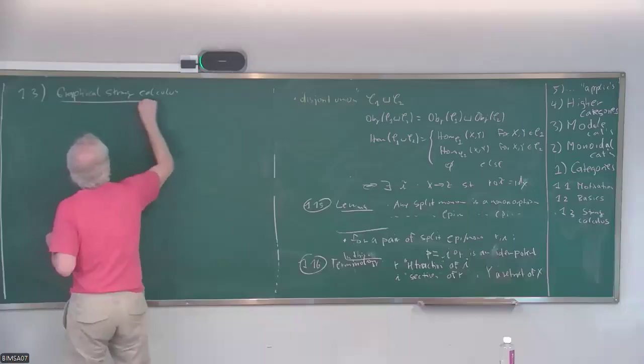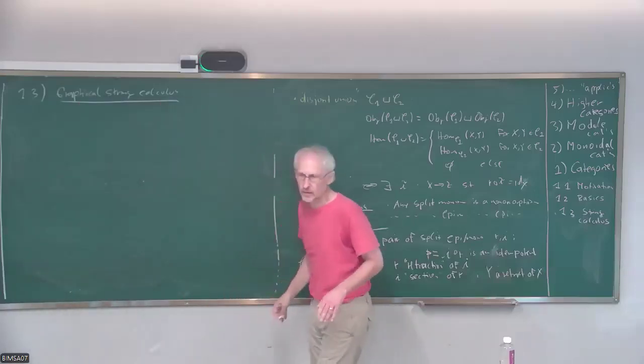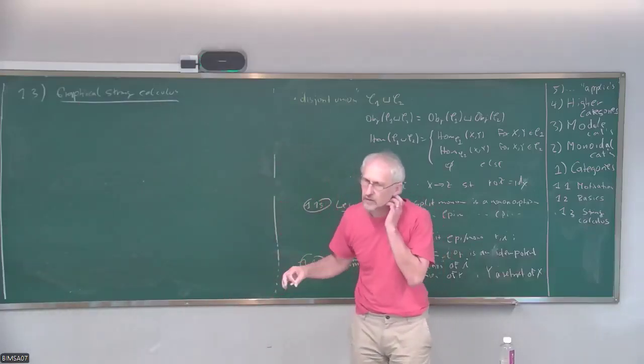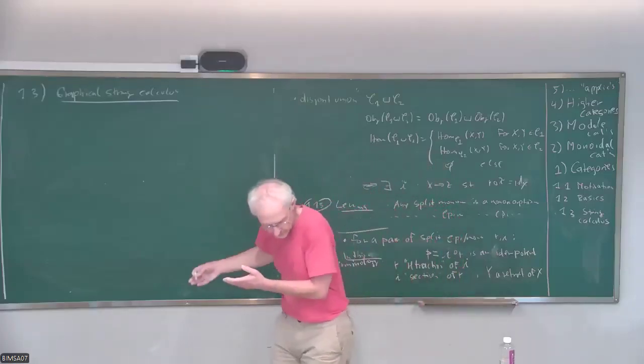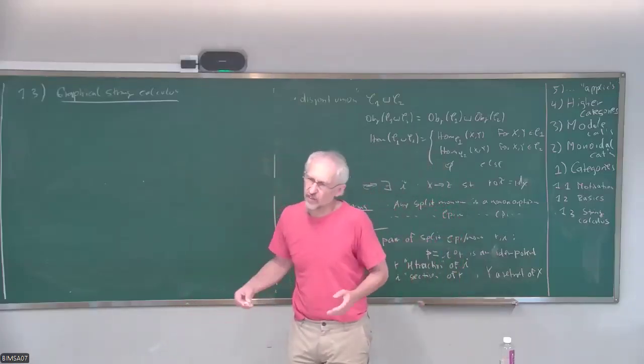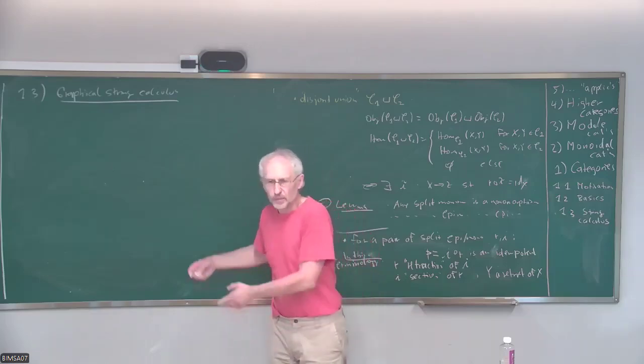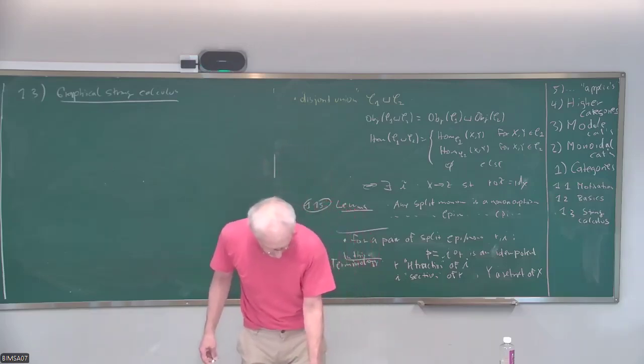It will become of interest for monoidal categories and then to some extent module categories, also higher categories. For categories in themselves, it's not of interest, but I have to introduce it here first.